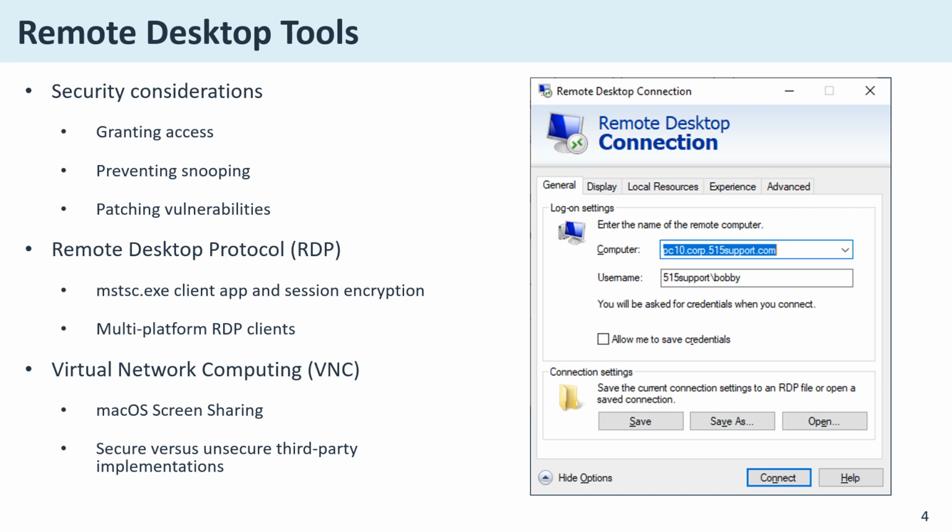VNC operates by transmitting the keyboard and mouse inputs from one computer, which is the client, to another, the server, and relaying the graphical screen updates back to the client. To use VNC, both client and server software must be installed and configured. So this is not part of the Windows operating system.